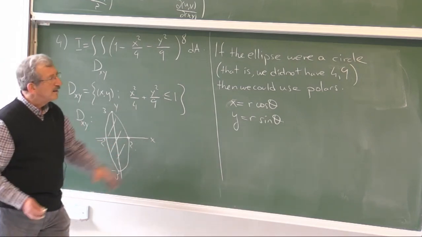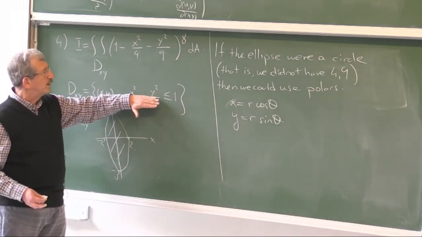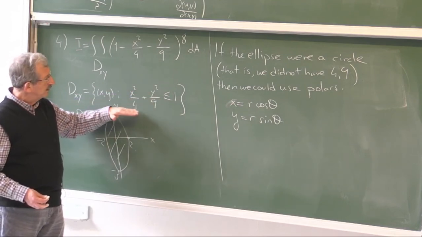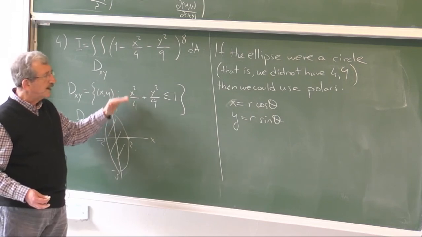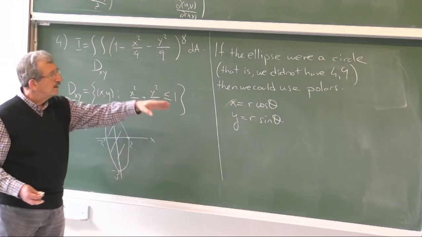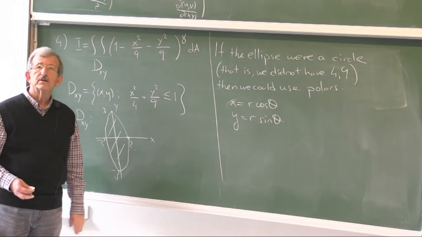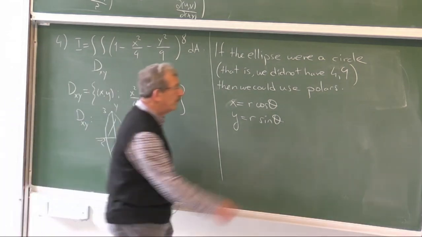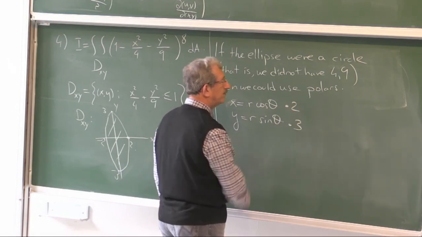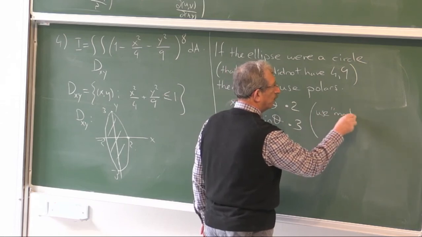To use that, when we put them in place here, we should have just x squared plus y squared, namely r squared. To guarantee that, obviously, you have to multiply your x by 2, so that when you square it, the 4's cancel. Put a 3 in front of y, so the 9's cancel. You just have the sum of the squares. So multiply this by 2, multiply this by 3. So use modified polars.